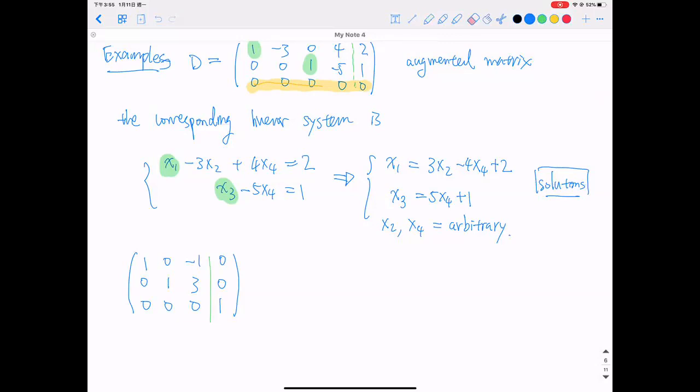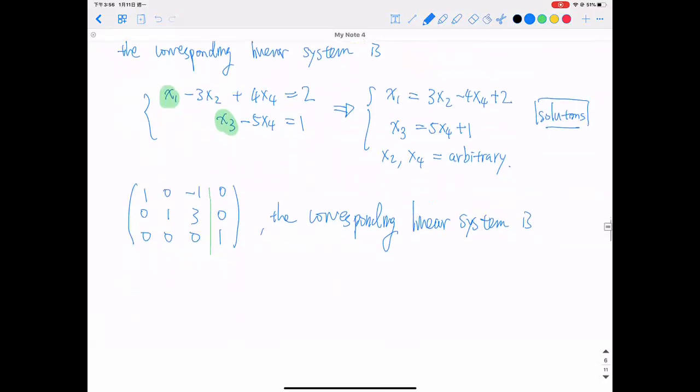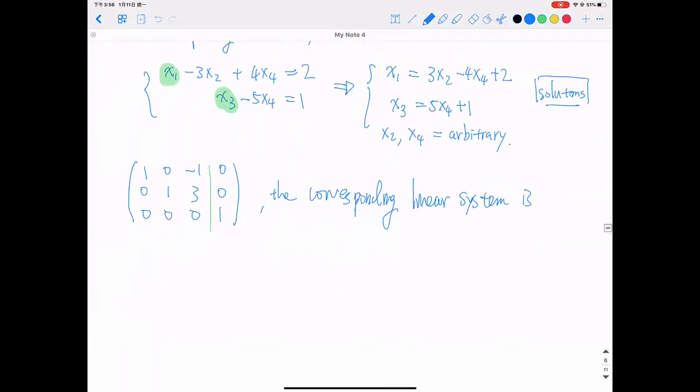Then the linear system is: the first row gives us x1 minus x3 equals 0. The second row gives me x2 plus 3x3 equals 0. The third row gives me 0 equals 1.